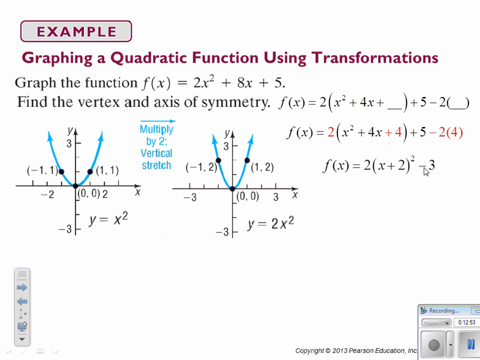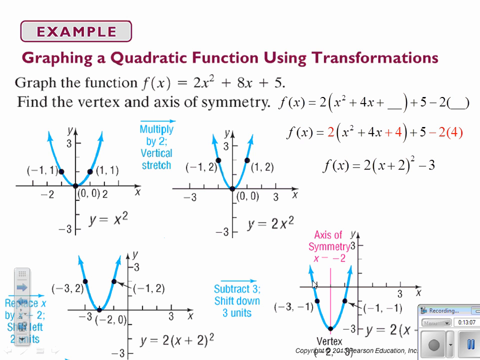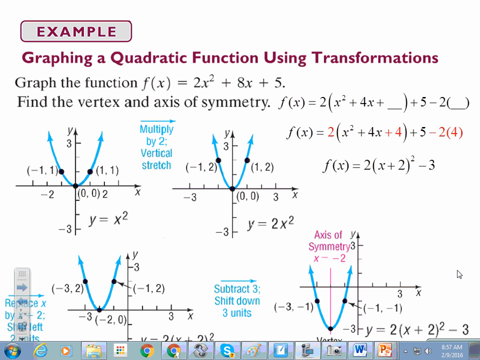Then we're going to shift this 2 units to the left, because our plus 2 here means 2 units to the left. And then lastly, we're going to shift it 3 units down. So the -3 means 3 units down.